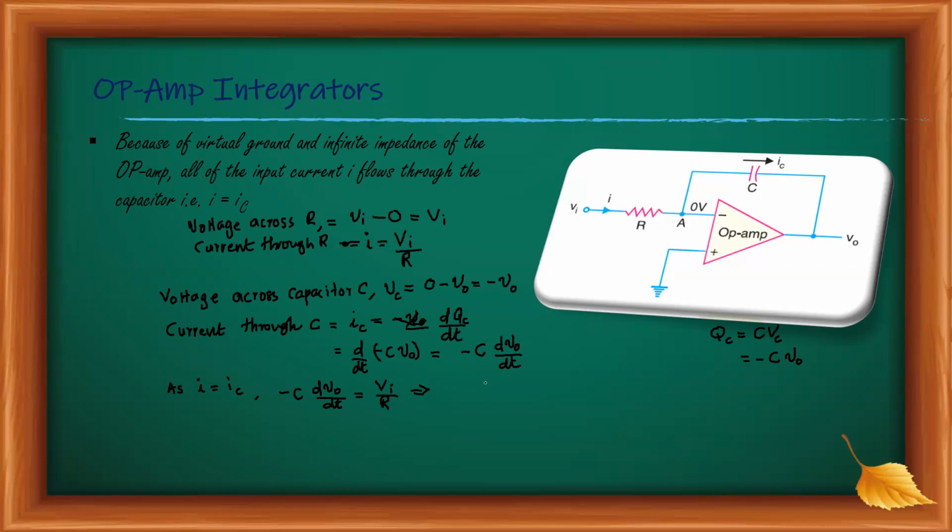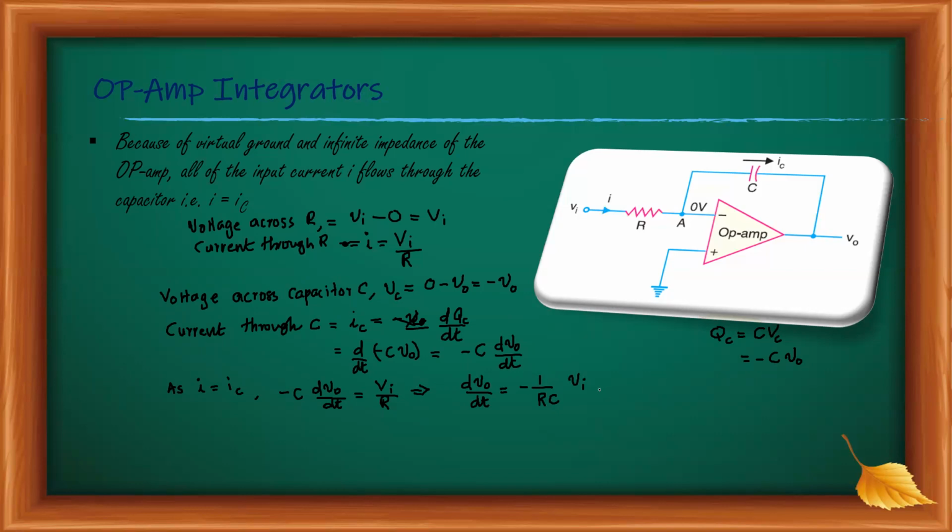So we arrange this equation as dV0 divided by dt is equal to minus 1 by RC into Vi.